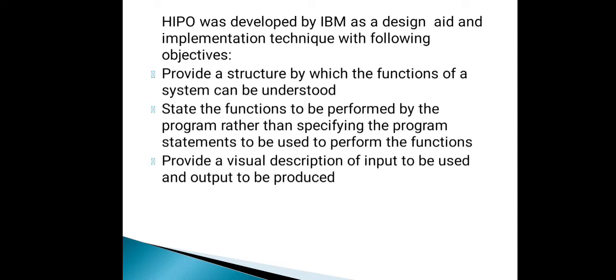But if you are confused and do not know the functions, it is difficult for you when you specify the program statements. So it is very important to know the function first. This HIPO helps to identify the various functions that the project will perform. And the last point is to provide a visual description of input to be used and output to be produced. So it's very simple.